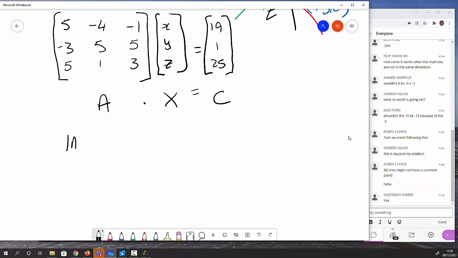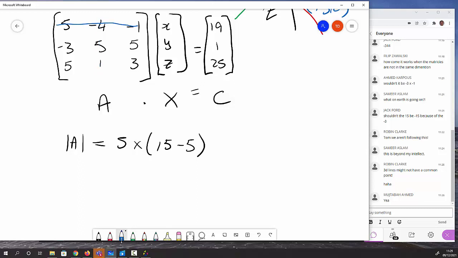Right, so now what I'm going to do is calculate the mod of A, and that is equal to the determinant of the matrix of cofactors. So I'm going to get 5 times, as before, I'm going to take out that row and that column, so I've got 5 times 3 minus 5 times 1, so that's going to be brackets 15 minus 5. Then I've got the next part, taking out that row and that column, so I've got minus 3, 3 and minus 5, 5.